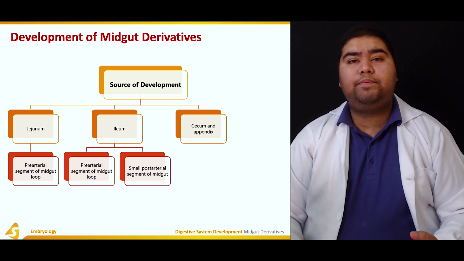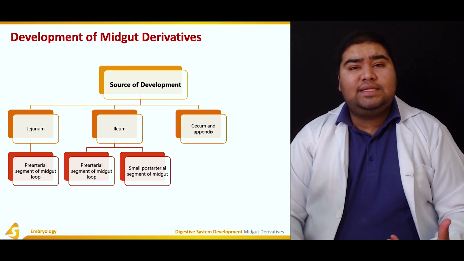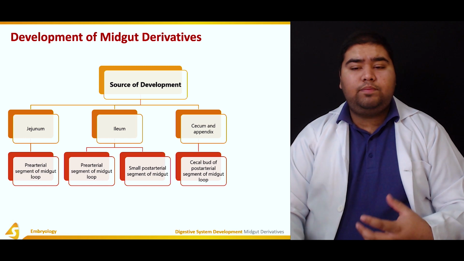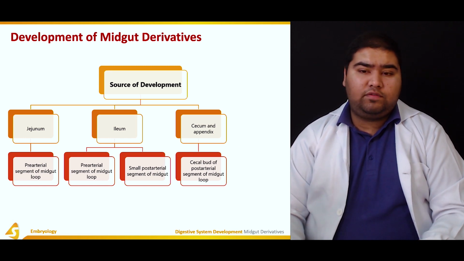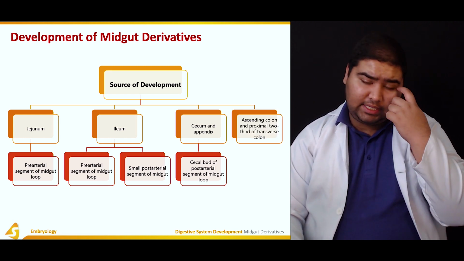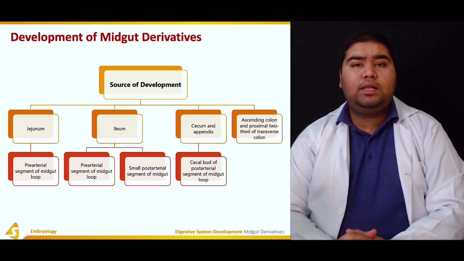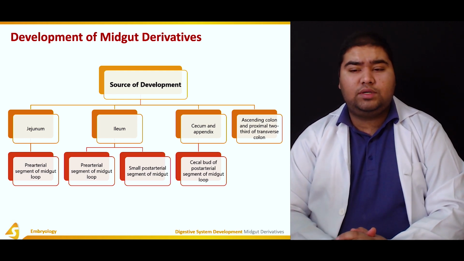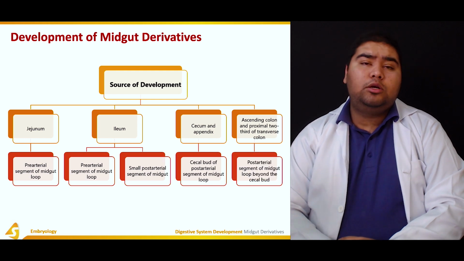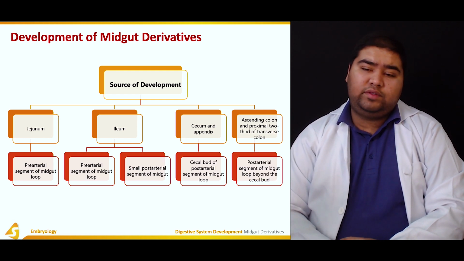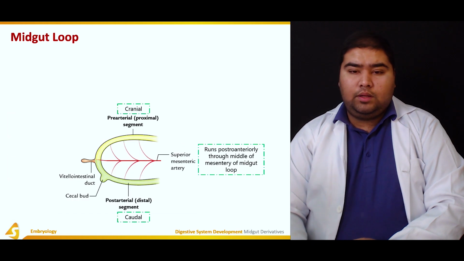The cecum and appendix develop from the cecal bud of the post-arterial segment of the midgut loop, and finally the ascending colon and the proximal two-thirds of the transverse colon are formed by the post-arterial segment of the midgut loop.